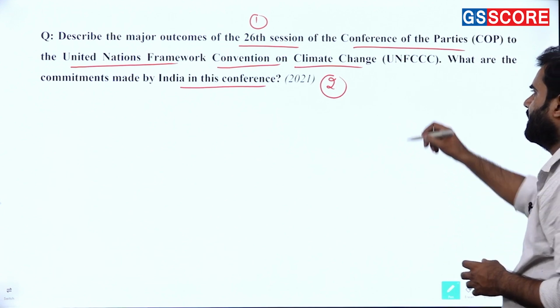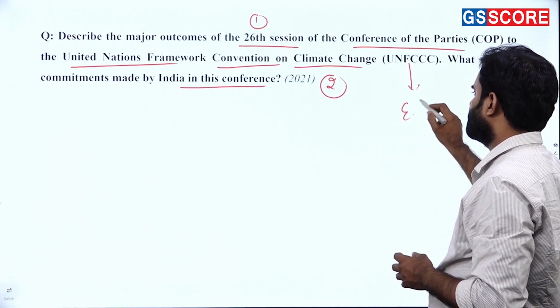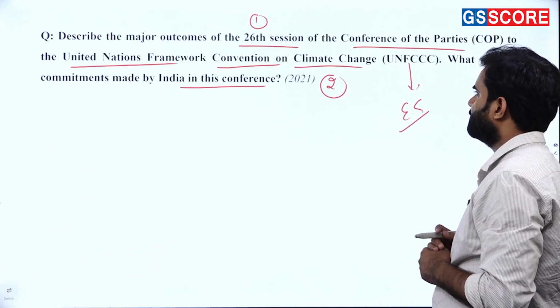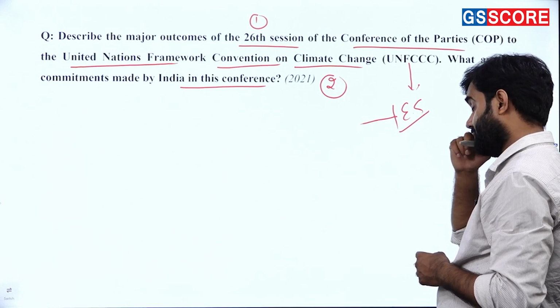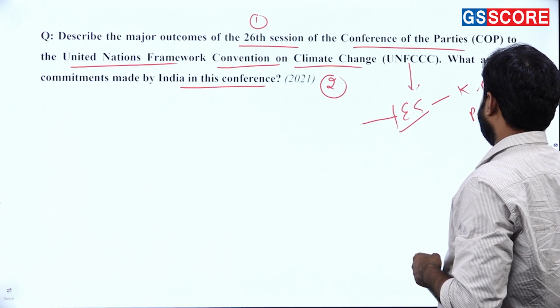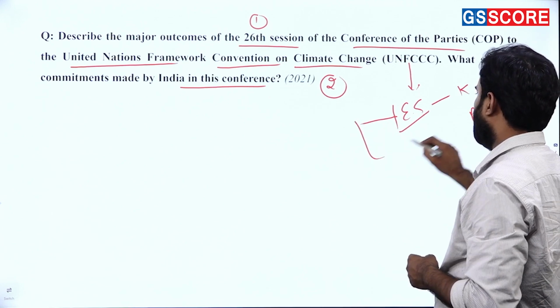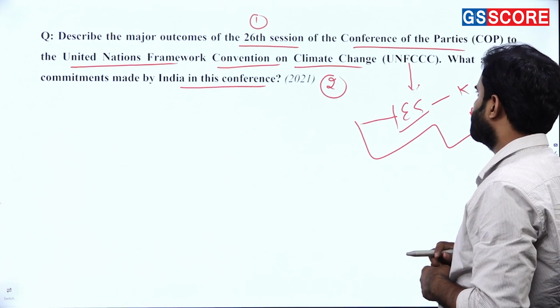You know that UNFCCC is the result of the Earth Summit in 1992. So basically UNFCCC, Kyoto Protocol, Paris Agreement, these are all very important results of the Earth Summit.